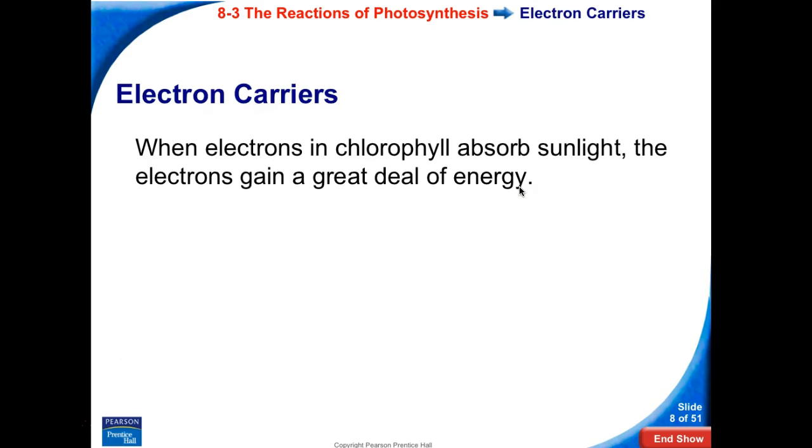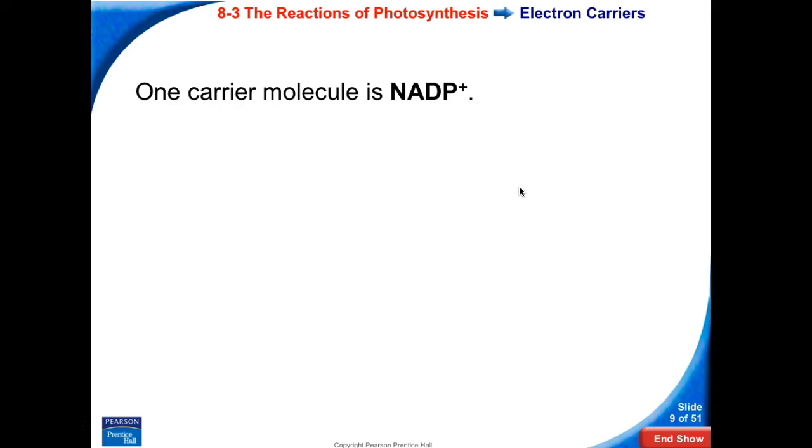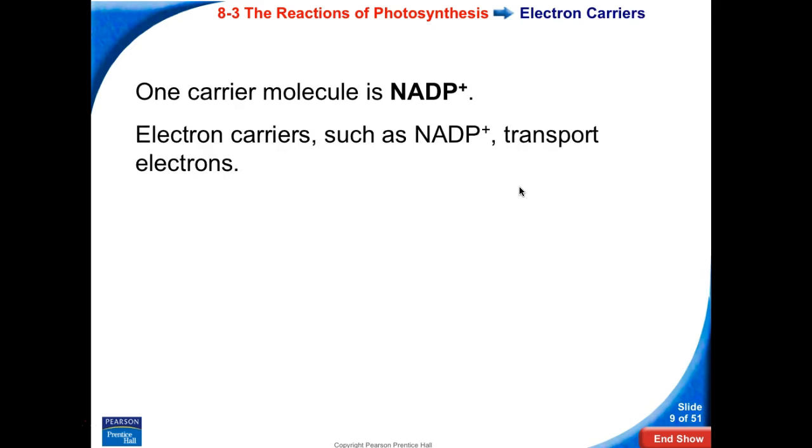Electron carriers. When electrons in chlorophyll absorb sunlight, the electrons gain a great deal of energy. Cells use electron carriers to transport these high energy electrons from chlorophyll to other molecules. One of those carrier molecules is called NADP+.